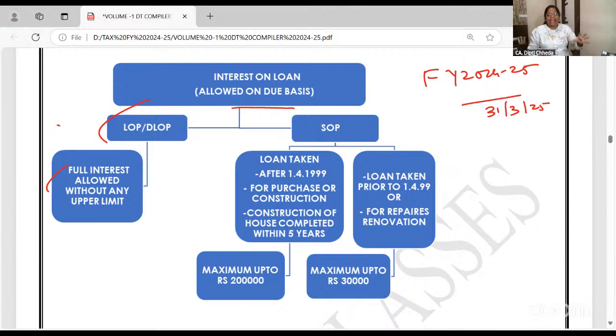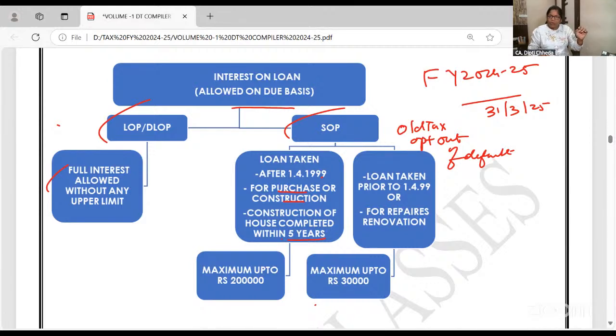Whether you have paid 8 lakh interest or 15 lakh interest, for this financial year, whatever the interest is, it is fully allowed. Now coming to self-occupied property, this flowchart is for the old tax regime, or when you opt out of the default tax regime. When you opt out of the default tax regime, then for self-occupied property, if you have taken the loan after 1-4-99 for purchase and construction is completed in 5 years, then interest on loan is allowed maximum up to 2 lakhs.